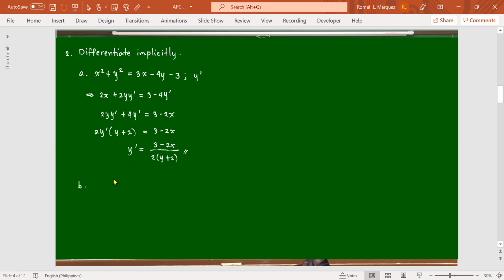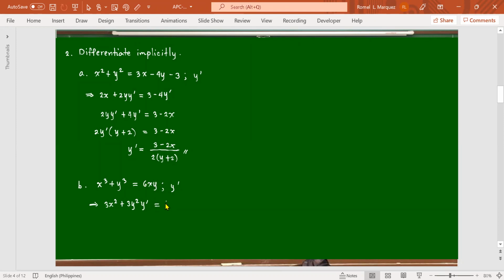So we have x cubed plus y cubed is equal to 6xy. Get the derivative again of each side, because implicit: 3x squared for the first term on the left. For y cubed, 3y squared times y prime. We want y prime. What about the right side?